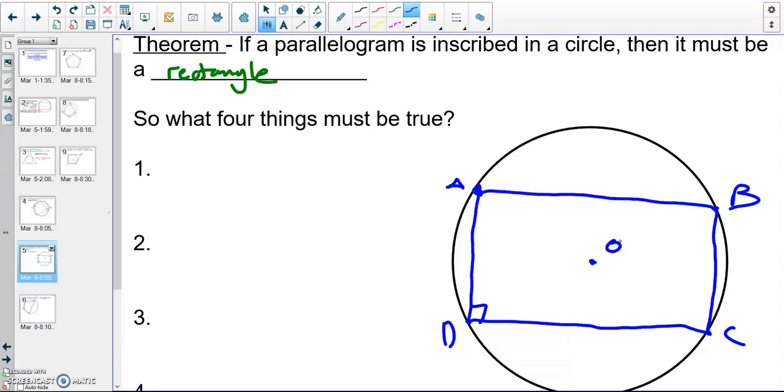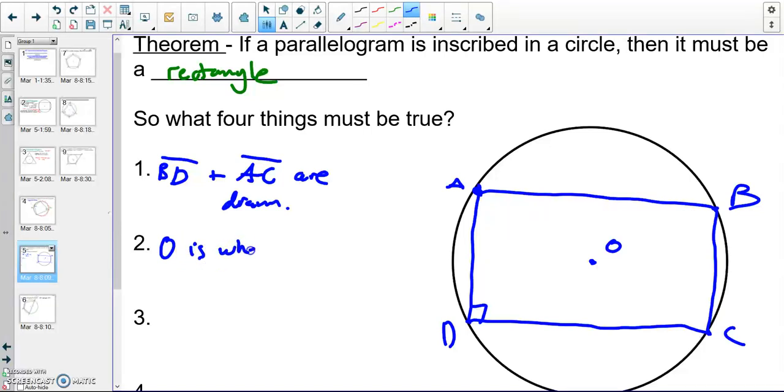First, BD and AC are diameters of the circle. So the diagonals of your rectangle are diameters of the circle, and O is where the diagonals intersect.